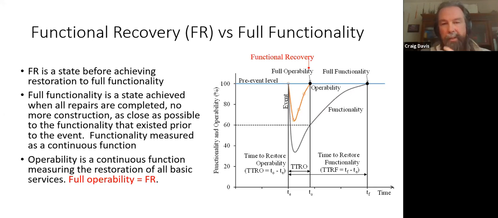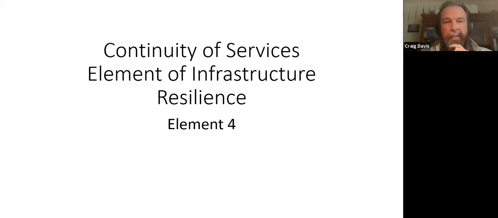So full operability and functional recovery in this description are the same. So functional recovery is not a continuous function, it's just a point in time at which you've met a certain state of recovery. Okay, now let's move quickly to continuity of services for the element 4 of the infrastructure framework.